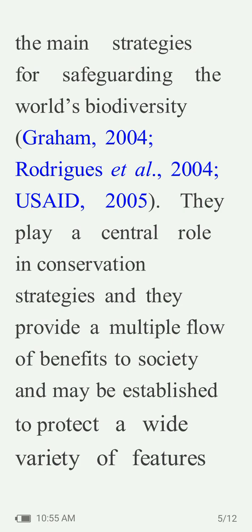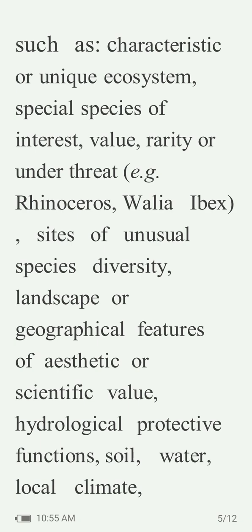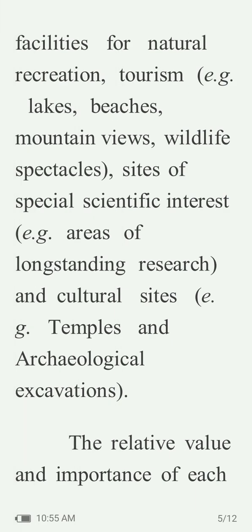Protected areas may be established to protect a wide variety of features such as characteristic or unique ecosystems, special species of interest, value, rarity, or under threat like rhinoceros and Walia ibex, sites of unusual species diversity, landscape or geographical features of aesthetic or scientific value, hydrological protective functions, soil, water, local climate, facilities for natural recreation, for example lakes, beaches, mountain views, wildlife spectacles, sites of special scientific interest, areas of long standing research, and cultural sites, temples, and archaeological excavations.